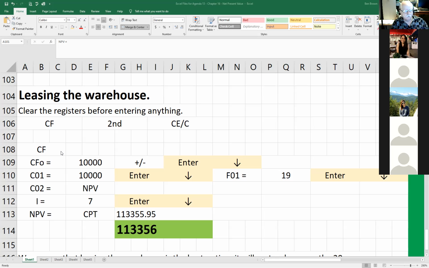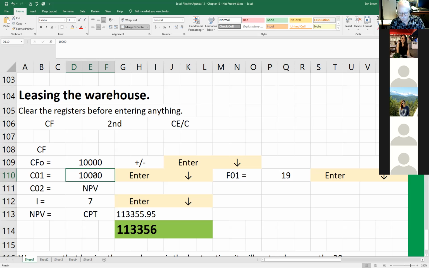And what I'm thinking is that this 10,000 had to be negative. So let's find out if that is indeed the case. Let's go back and try it again. I'll clear everything. CF, 10,000 negative, enter down.